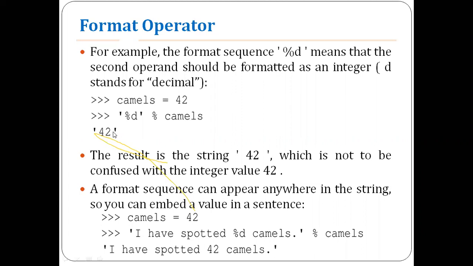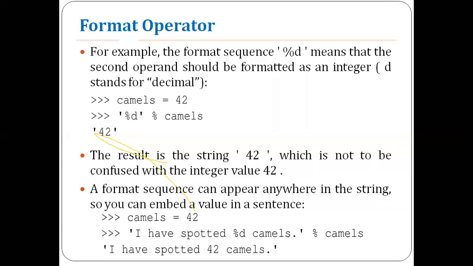Instead, it is a string object, and a format sequence can appear anywhere in the string, so you can embed a value in a sentence. Look at this one: camels equal to 42. So I have spotted percent d camels. Now the camels value will be put into the percent d. Now I have spotted 42 camels. It is very similar to the formatted input and output that we have seen in C and C++, right?